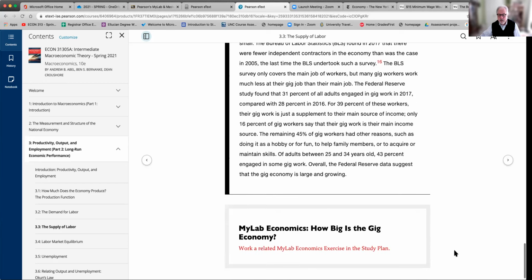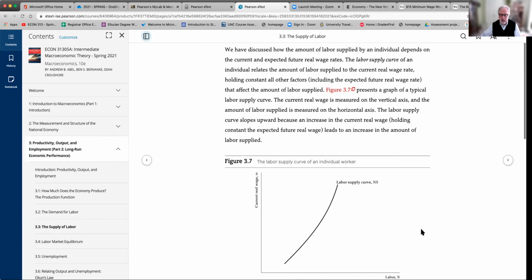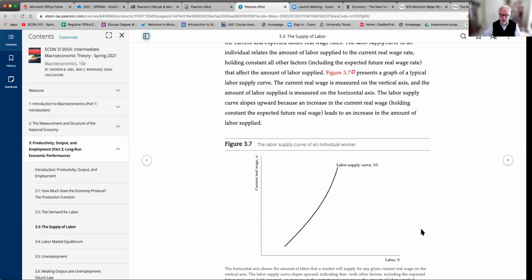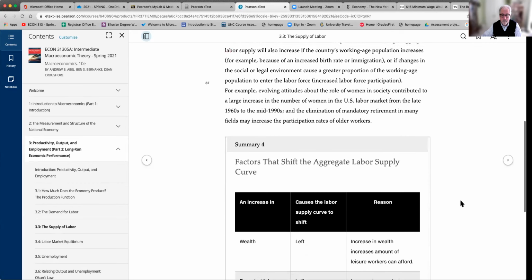So we get an upward sloping supply of labor, right? So that's what that looks like. So we have a labor demand curve. We'll get to that in the next section, a labor supply curve, right? The labor demand curve comes from profit maximization by firms, labor supply, utility maximization by consumers. Both of them come together in the labor market.